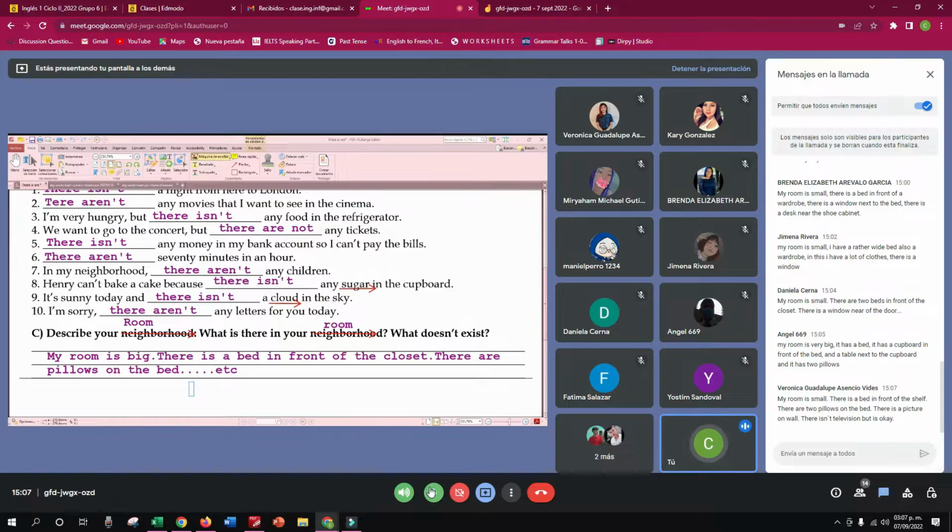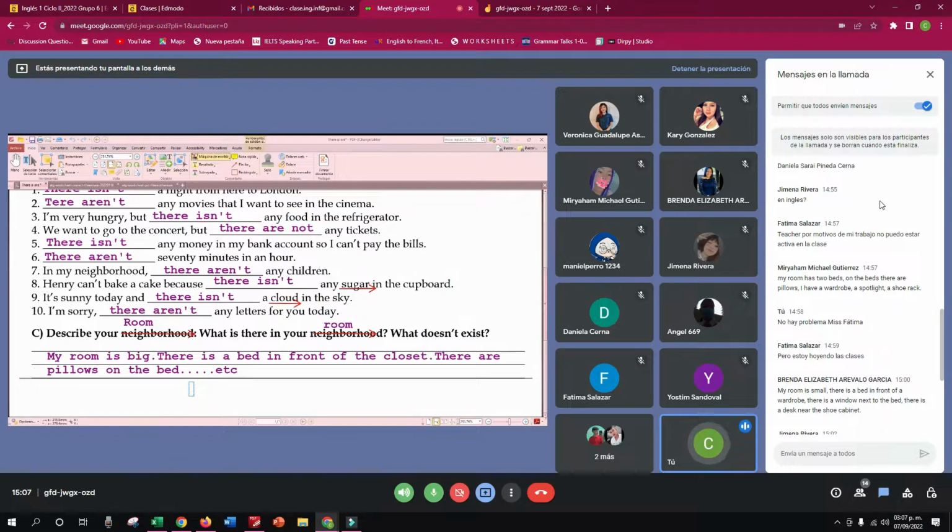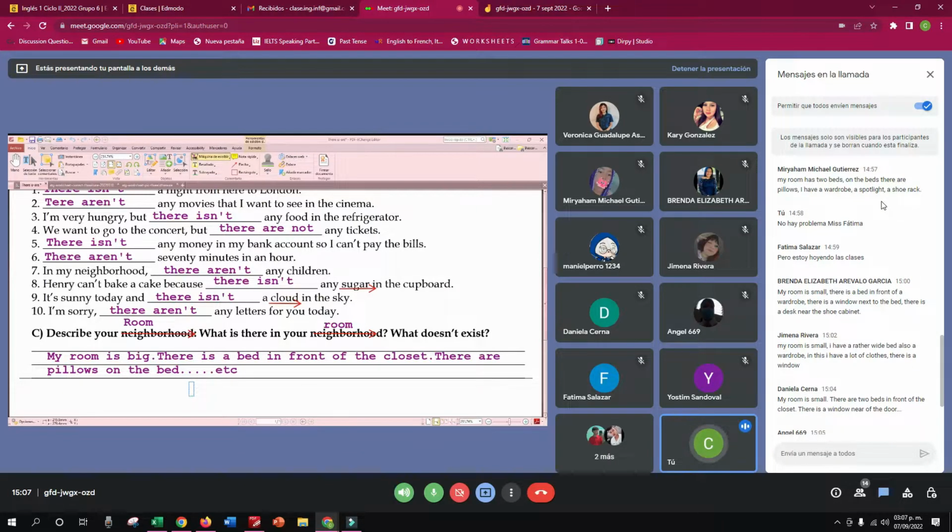Okay guys, let's check some of your paragraphs. First, we're going to start with Miriam. It says, my room has 2 beds. On the beds, there are pillows. I have a wardrobe, a spotlight, and a shoe rack.